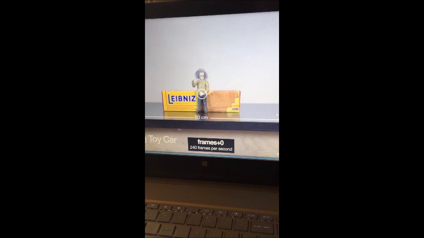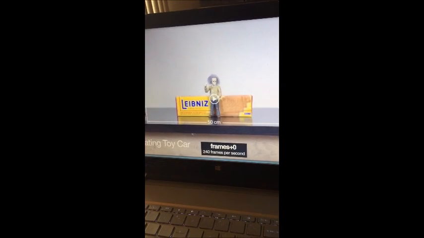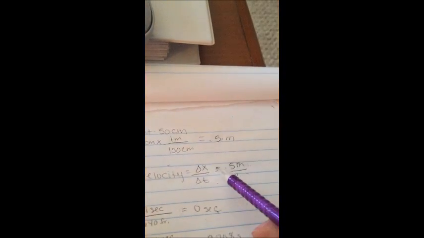The second question being asked is: what is the average velocity? The average velocity is going to equal the change in position divided by the change in time, which is shown here. We know the change in position because we just found it.